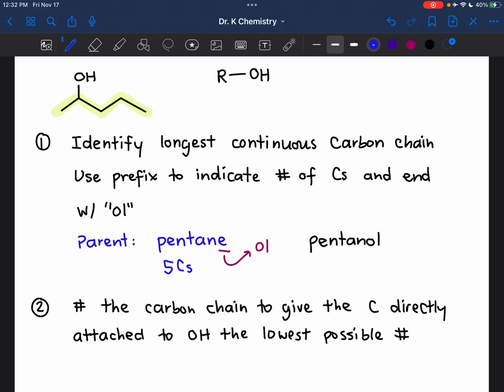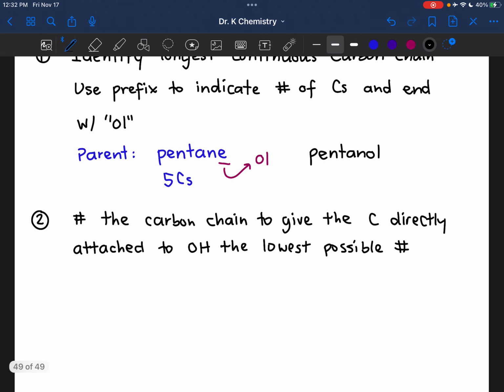And that was because alkyl groups and halides all have the same priority. Here we are prioritizing the OH group. Even if there are substituents in the chain, that OH group needs to have the lowest possible number, even if it is at the expense of substituents. Which means in this scenario, I'm going to number left to right, because in that case, the OH group gets number 2 versus number 4.